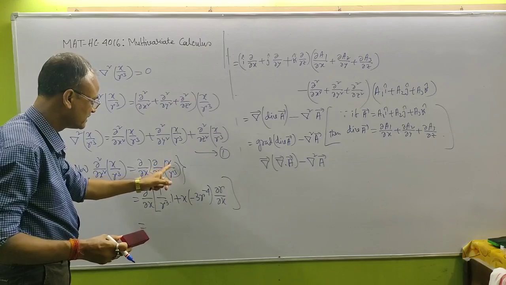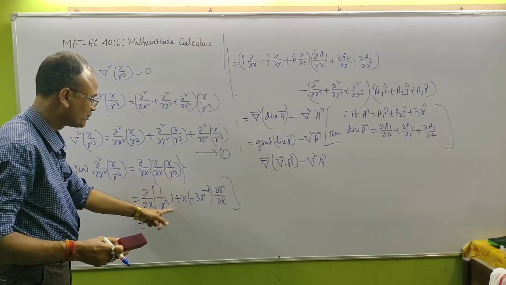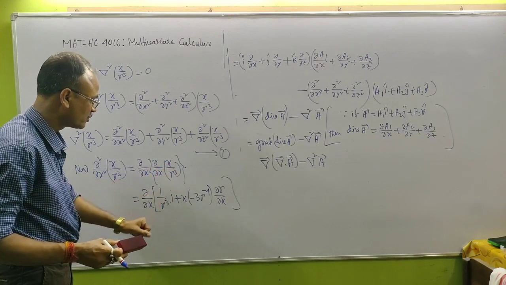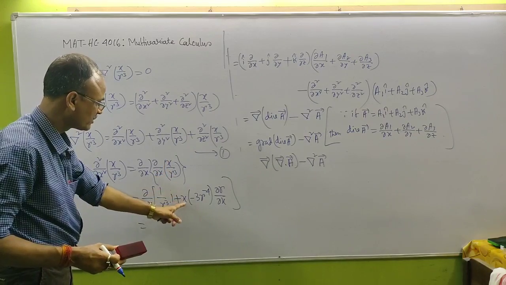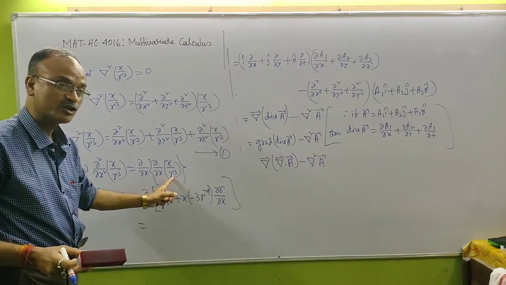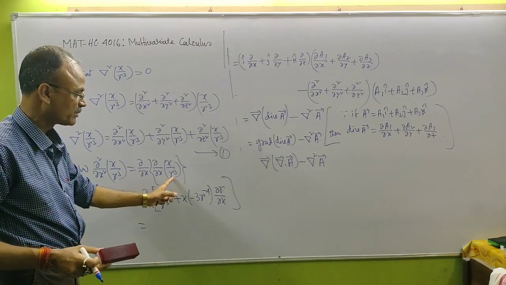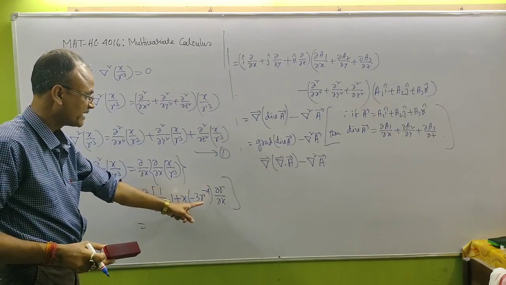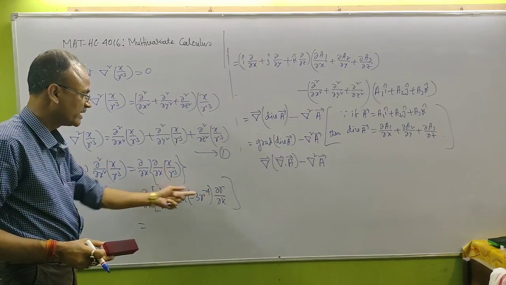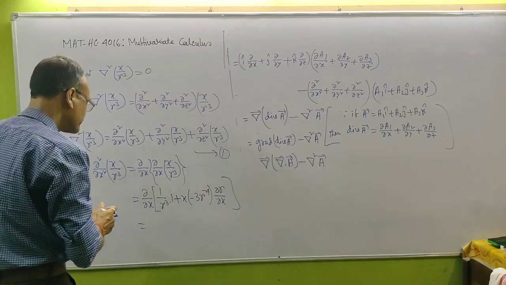First function this, the differentiation of the second function x. 1 by r cube means r to the power minus 3, minus 3 r to the power minus 4, with respect to x, you will have to write this one.